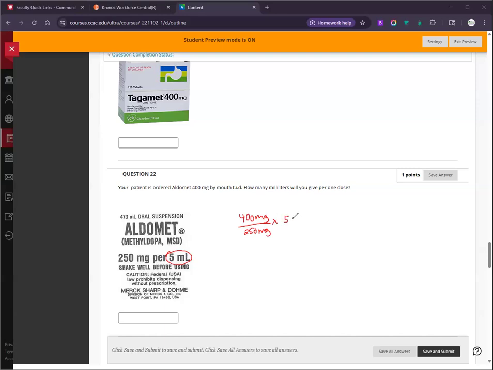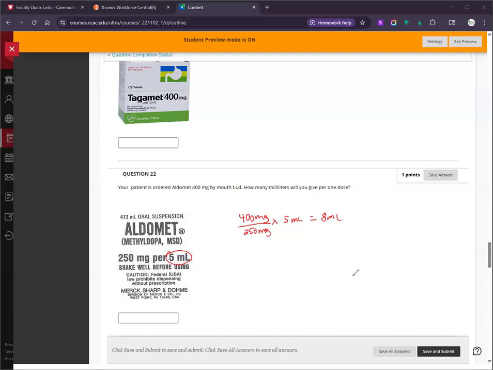I always put whatever number is with that ml. So it's times 5 ml. If I do 400 times 5 divided by 250, I'm going to get 8 ml.